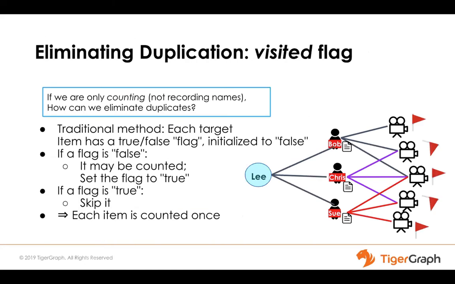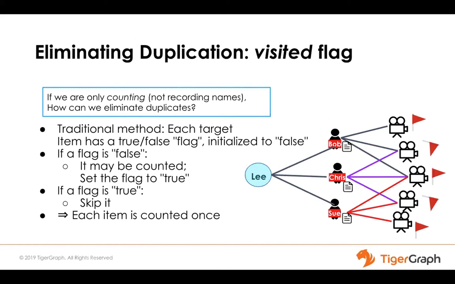This is a classic problem in computer programming, and the classic solution is to use a true-false variable, a Boolean variable. We often call it a flag, and we often call it visited. And remember, we're talking about graph traversal. That makes a lot of sense. When you think about visiting, think about I visit each of my friends to tell them I want to count.